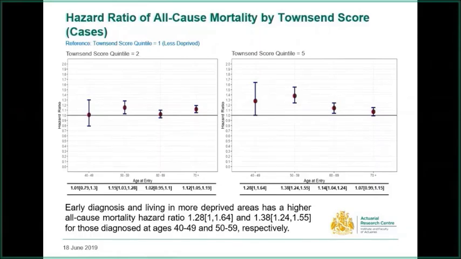But as we move onto the higher quintiles, the most deprived areas, we can see that cases have a higher risk compared to cases in the less deprived areas.